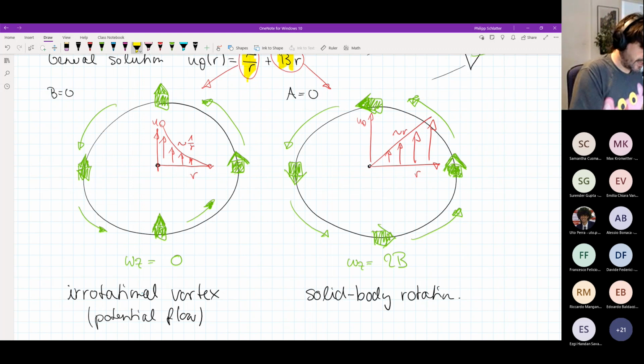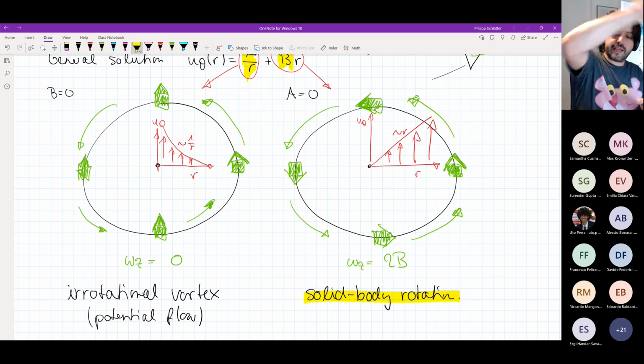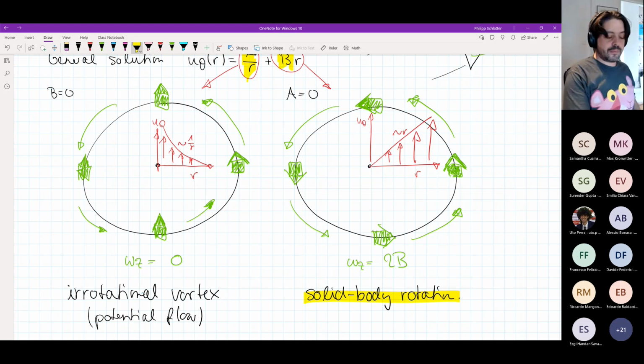And these would correspond to two different main features of a vortex. On the one hand, if we have the term that is proportional to r, that is a solid body rotation. So the further away you go from a center, the faster you become. And because it's a solid body rotation, everything would rotate with this rotation. On the other hand, if we have this 1/r behavior, we have something that is called an irrotational vortex.